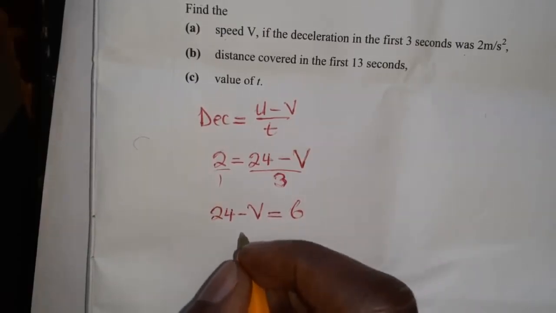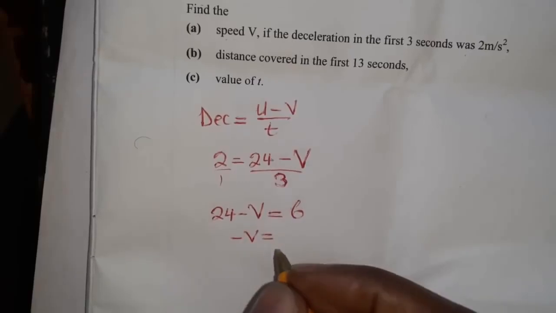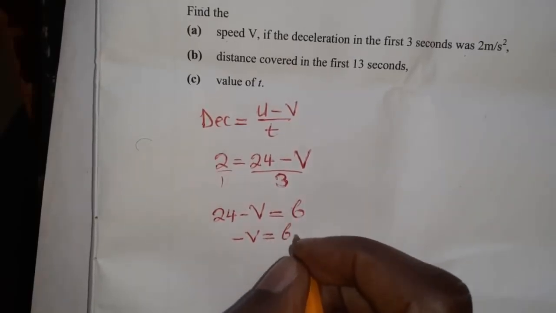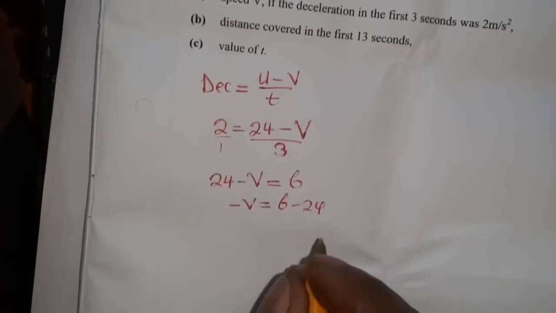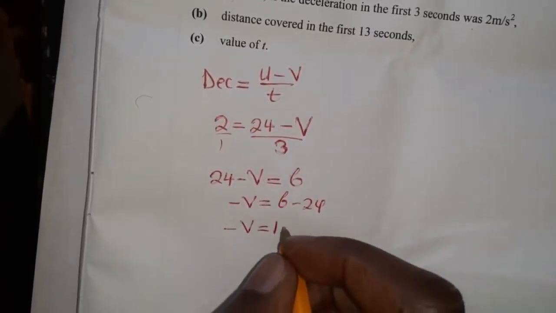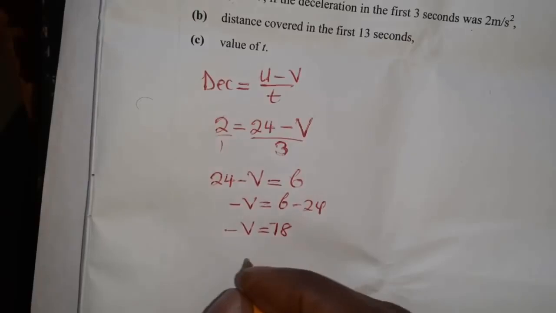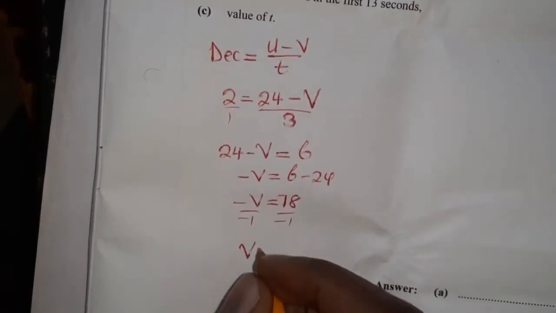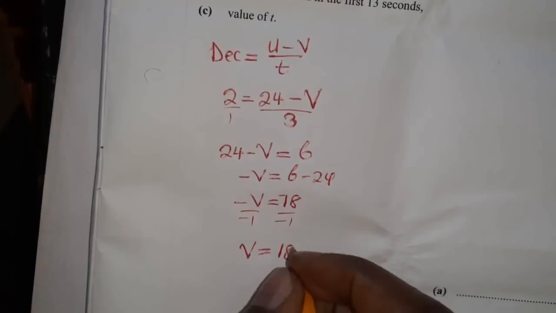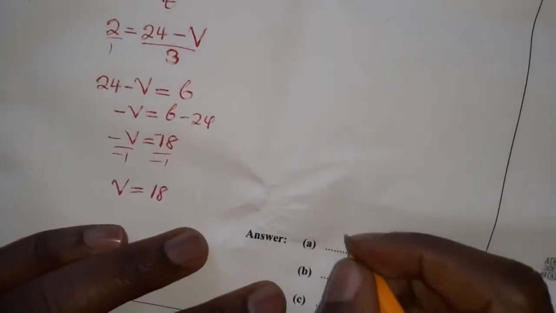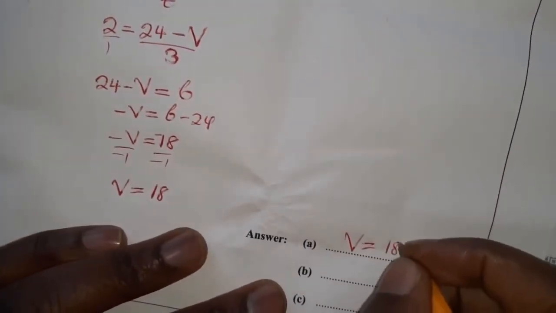So this is going to give us minus v is equal to 6 minus 24. So minus v is equal to -18. Divide by -1. So v is equal to 18. V is equal to 18.